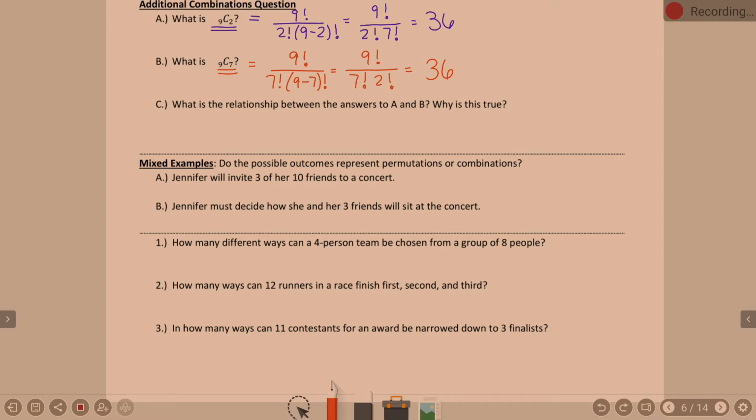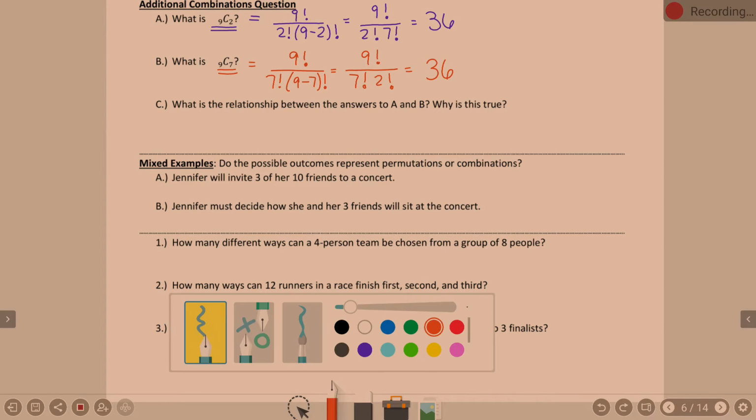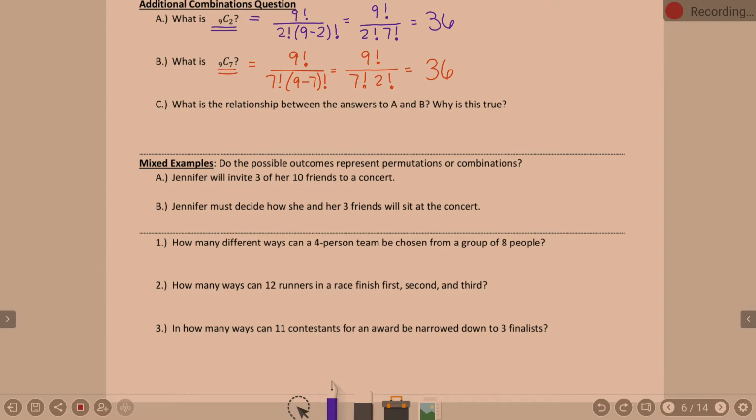Okay. So what's the relationship between the answers to A and B? Okay. Answers are the same. And why do the answers work out being the same?